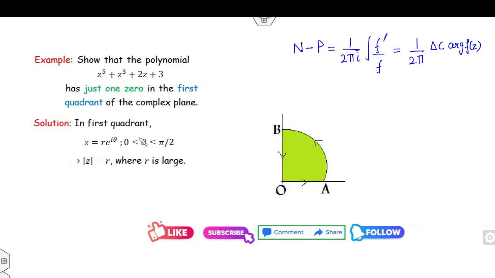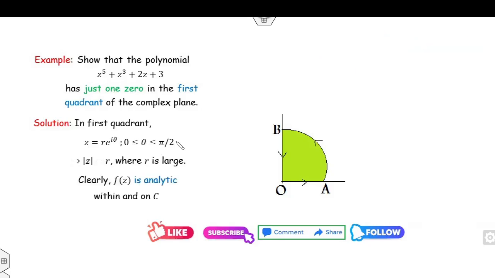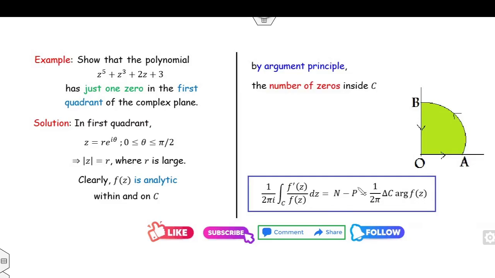Fine. Now, how can you find the zeros of the given function? Clearly the function is analytic, so I can use the argument principle. Because the function is analytic, there are no poles, so the zeros are what is counted. Therefore, the number of zeros is 1 over 2 pi times the change in argument over the curve C of f(z). What is C?